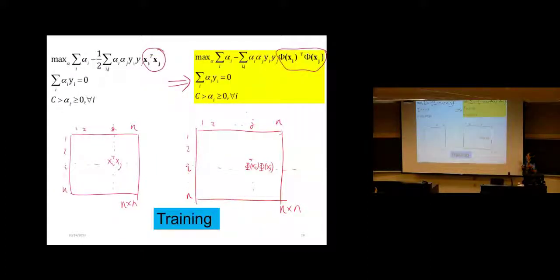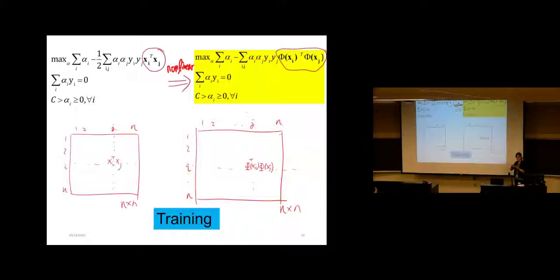Okay, so now we extend it from linear to nonlinear, from x to phi x. If you think about it, what you feed into the training is, in the original x case, equivalent to creating a similarity matrix.